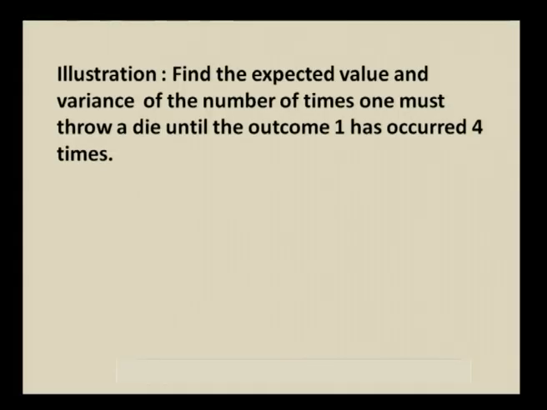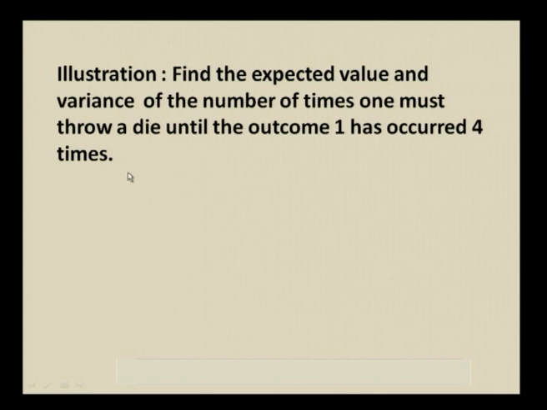So, here we are asked to find out expected value, which means mean, and variance of the number of times. Number of times one must throw, that is number of trials. One must throw a die means a number of trials until the outcome 1. The outcome 1 is considered as a success when you throw a die for this particular problem.